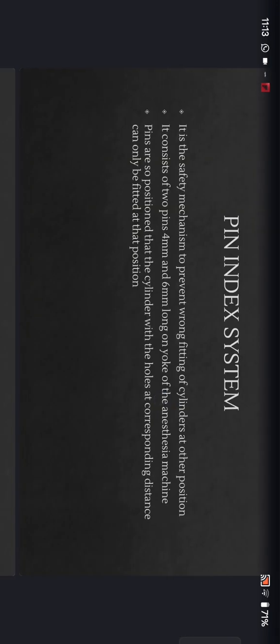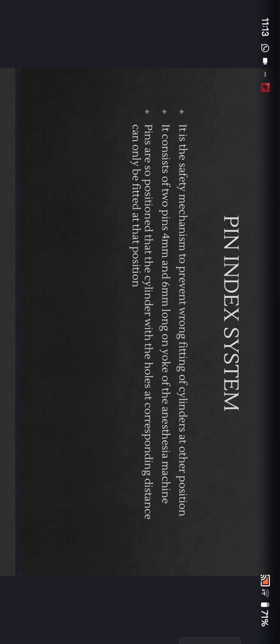Pin index system. This is the main safety mechanism and plays a vital role in the manifold room. It is a safety mechanism to prevent wrong fittings of cylinders in other positions. If technicians try to fit the cylinders in the wrong positions, they won't fit, because the main purpose of the pin index system is to prevent wrong fittings and accidental problems.